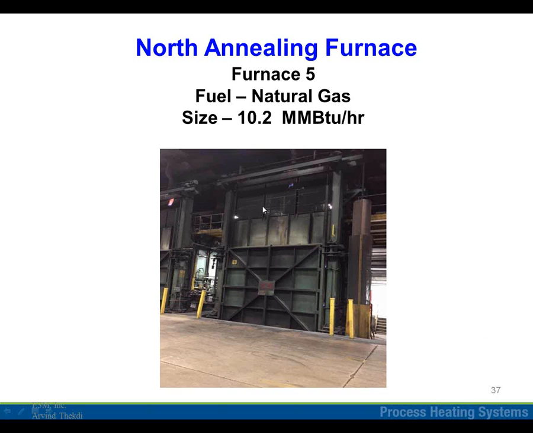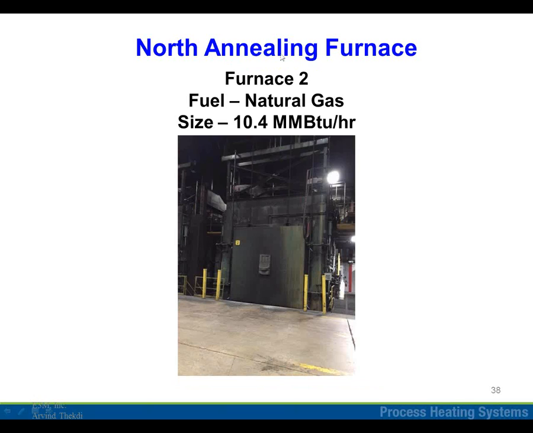Next, Sachin. Okay, this one looks like a batch furnace, annealing furnace again. I assume it's radiant tube fired, and we'll take a look at this furnace also, number 5. Next, Sachin. Then again, number 2 furnace, each of them are like 10 million BTU per hour, large and yet relatively small.